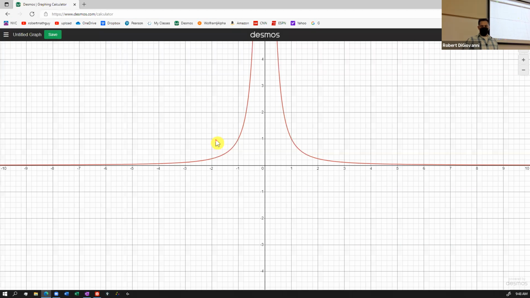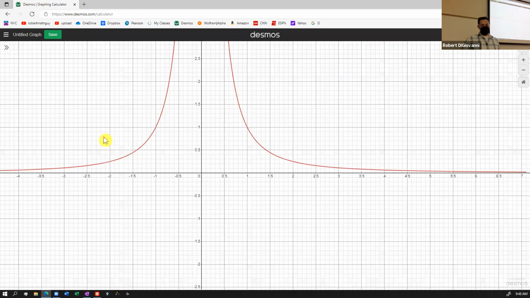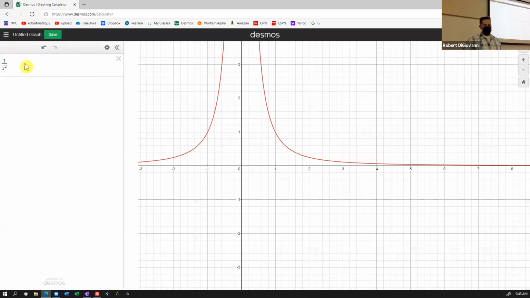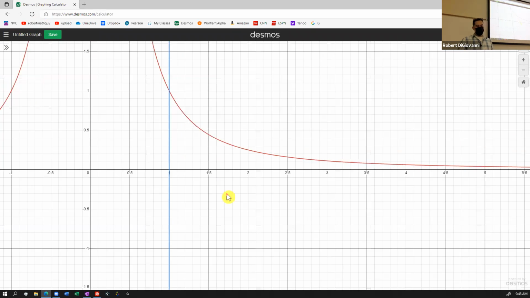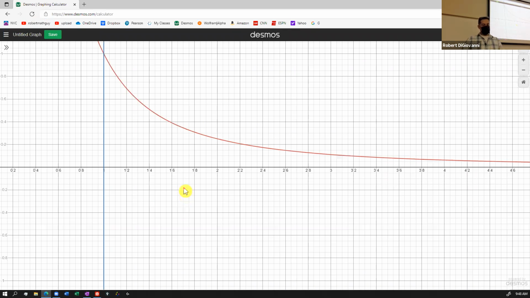If I graph that, and let me do one more graph here. Okay. So if I graph this, and I start at 1, and I start taking this area under here, and I keep going.